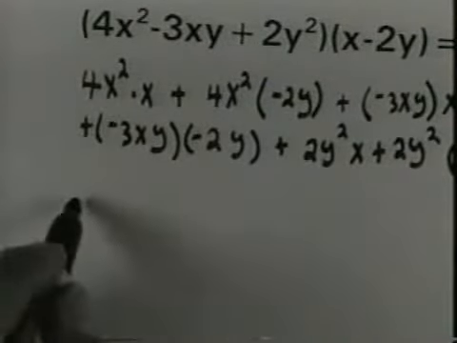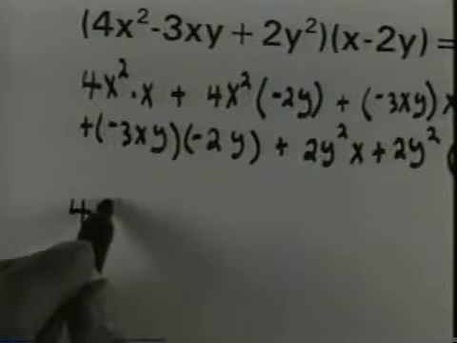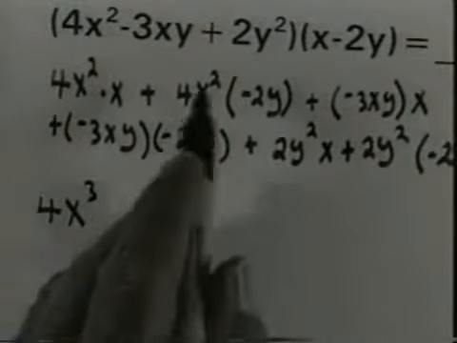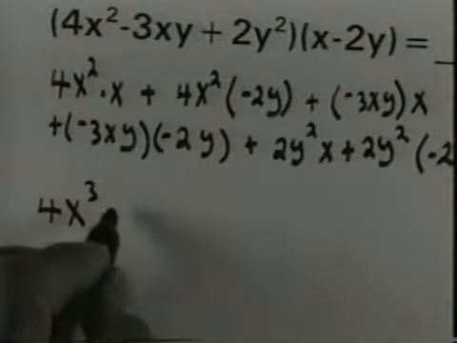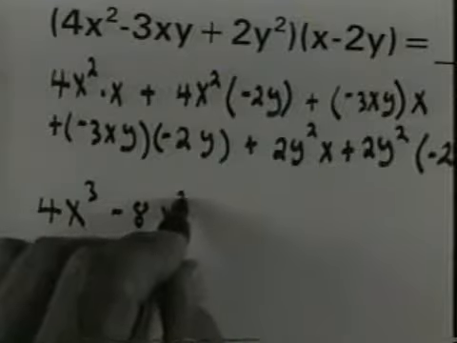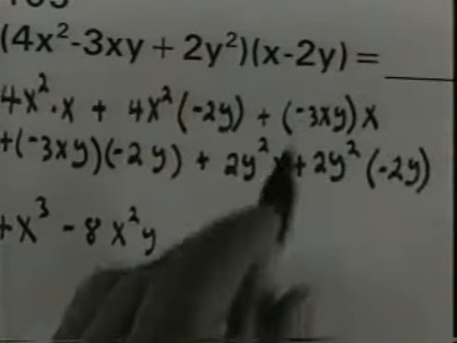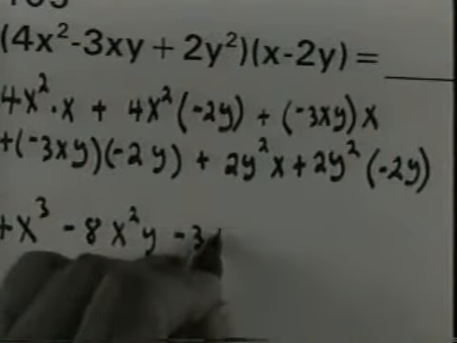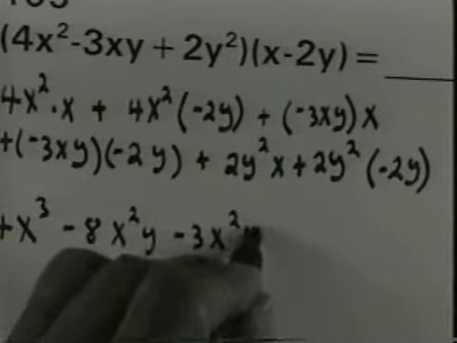4x squared times x is 4x cubed. 4x squared times a negative 2y is a negative 8x squared y. A negative 3xy times x is a negative 3x squared y.